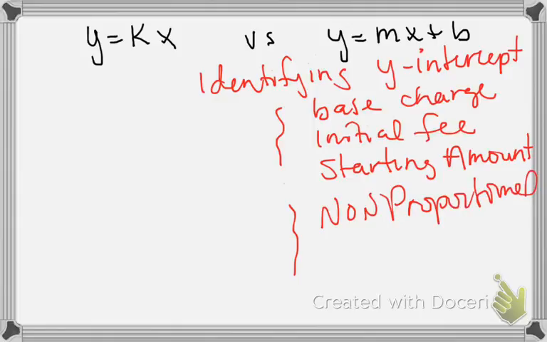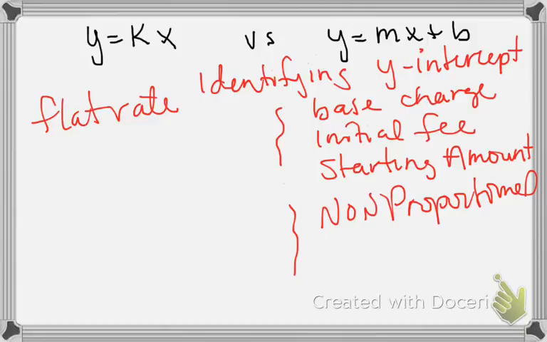Okay, that's the key. The other one, if you don't start with anything, so you just have a flat rate, then that's it. Those are the two things that really separate them.